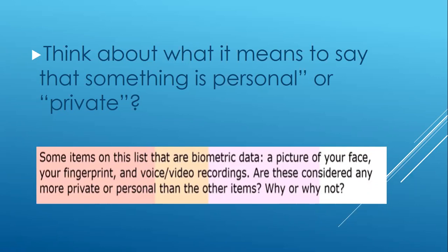Are these considered any more private or personal than the other items? Why or why not? So here you will discuss the biometric data. What do you think about the biometric data? Do you think this biometric data is more private or personal than the other items or not? And why?